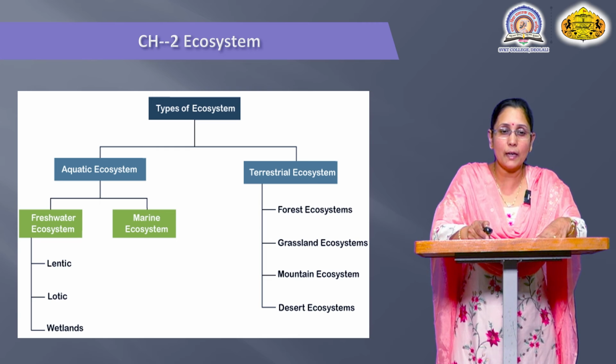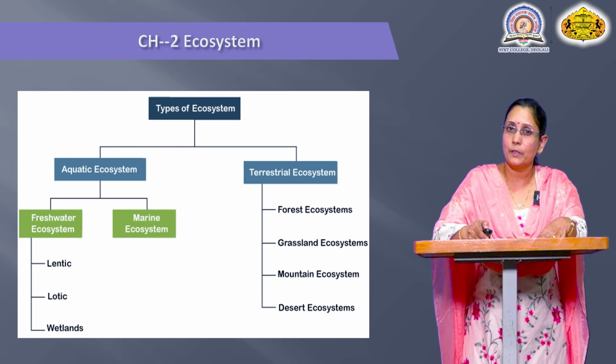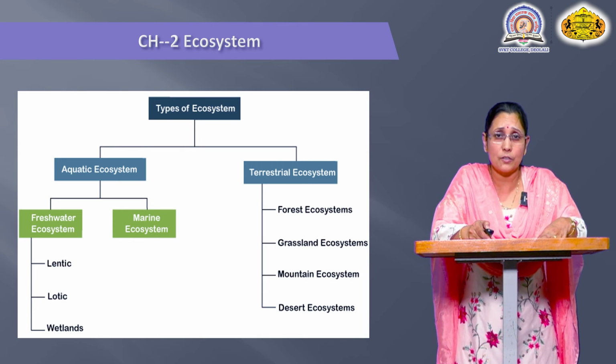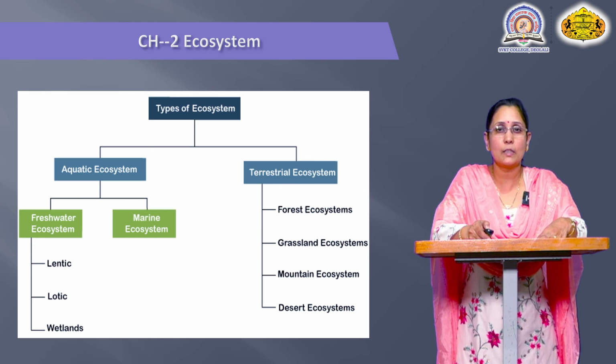The aquatic ecosystem is again divided into two major parts as per the quality of the water, right? First is the freshwater ecosystem and second is the marine ecosystem. Many times the freshwater ecosystem, you might have heard this term, limnology. Remember, the freshwater ecosystem most of the time is also known as limnology. The marine ecosystem, again according to the type of water, is later divided into different types.